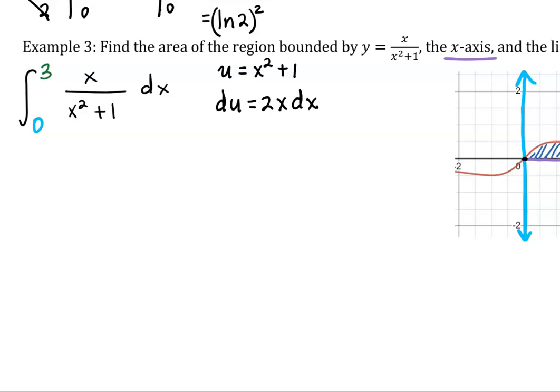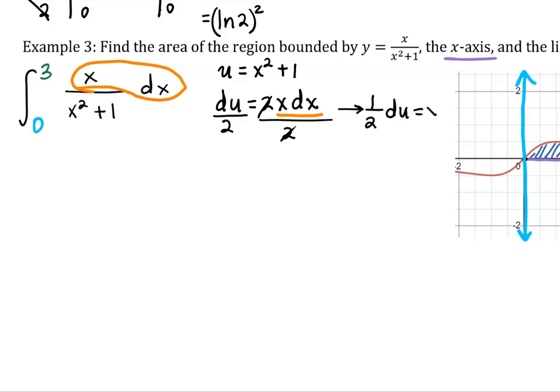Now that's almost what we have, because we do have this x dx that's showing up here, but that's just this part. So we do not need that extra 2 that's in the front, so I'm going to divide both sides by 2, or multiply both sides by a half, same difference, which will give us that 1/2 du is equal to x dx.